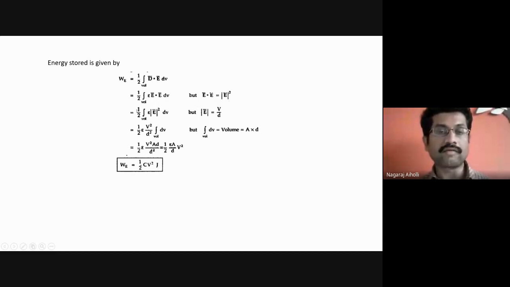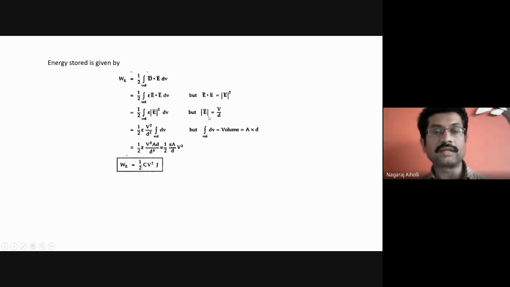That is, half volume integral epsilon into absolute value of E bar square dV. This is a vector identity: when we dot any vector with the same vector, we get the square of that vector. Therefore, this is further equal to half volume integral epsilon E square dV.